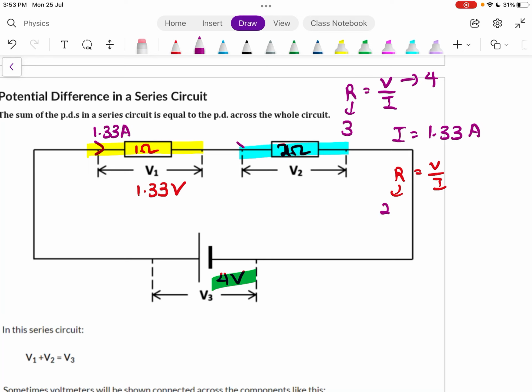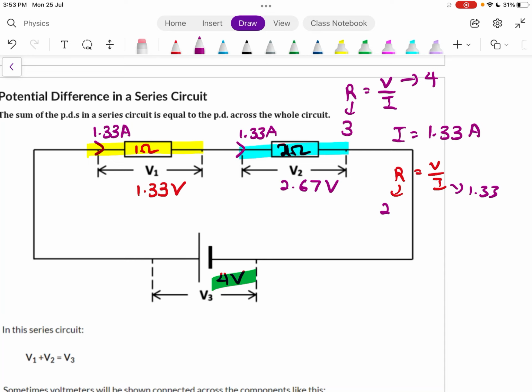So your current flowing through your second resistor is 1.33 ampere. So 1.33 times 2 will be 2.66 or 2.67 volts. So you can see for this, 1.33 plus 2.67 will give you back the 4 volts.